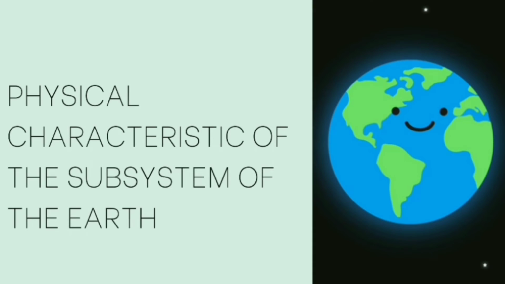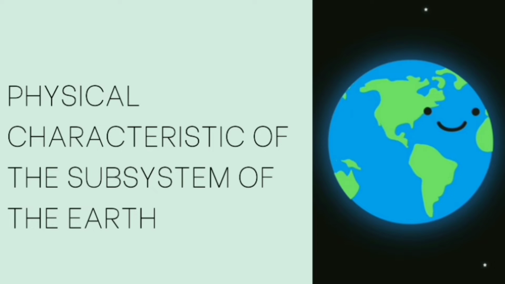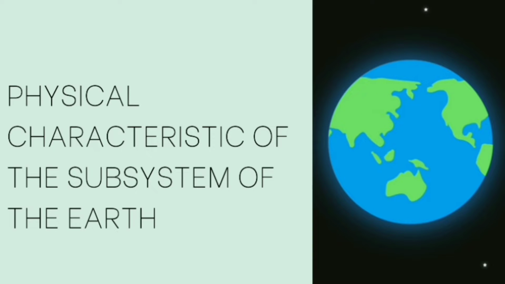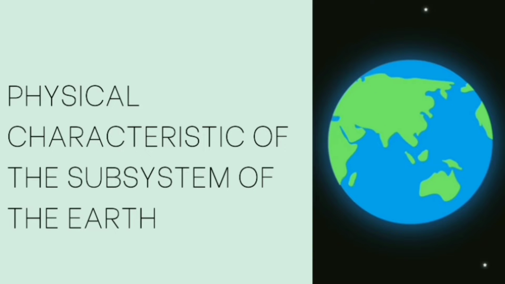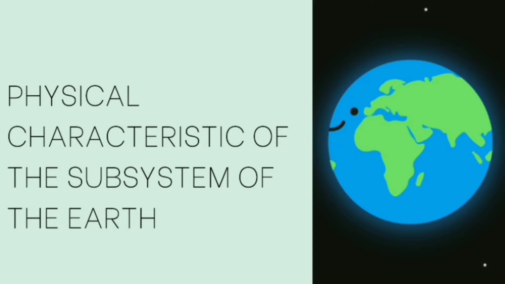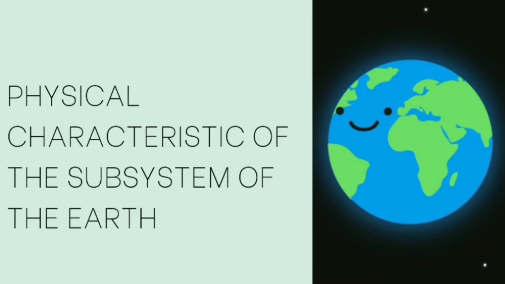Today, I am going to help you better understand the subsystems of the planet where you stand right now. So today, let us analyze and create general concept on the physical characteristics of the subsystem of the Earth. So what are the four subsystems of the Earth?